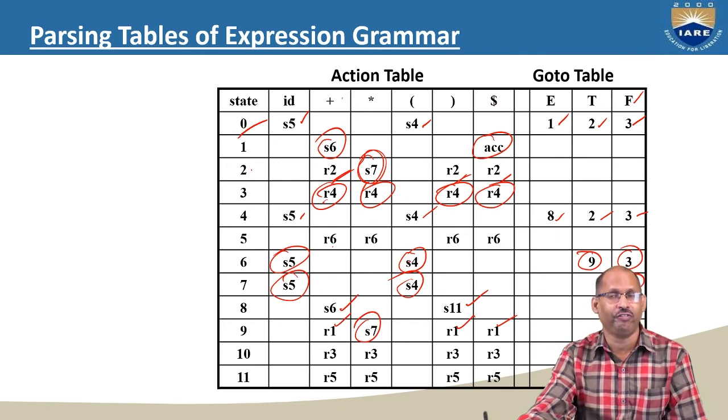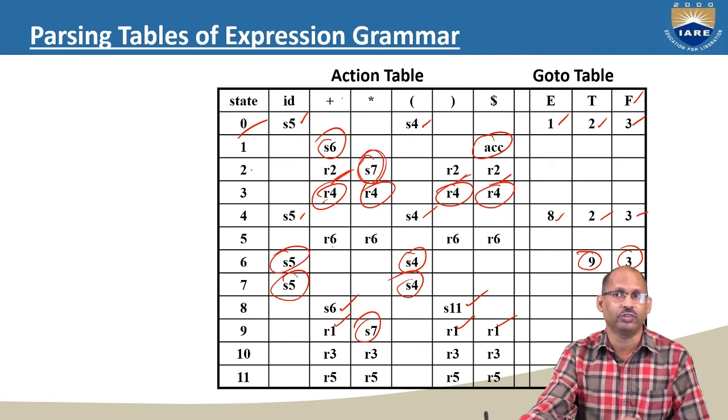So here follow of E, follow of T, follow of F we have to consider, and in the terminal columns we write reduce operations.